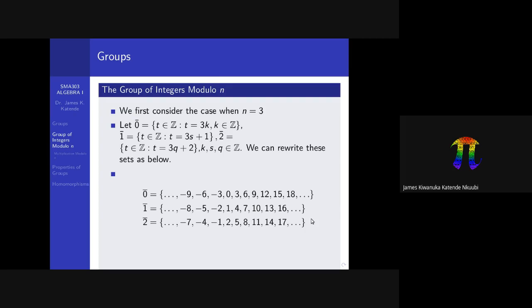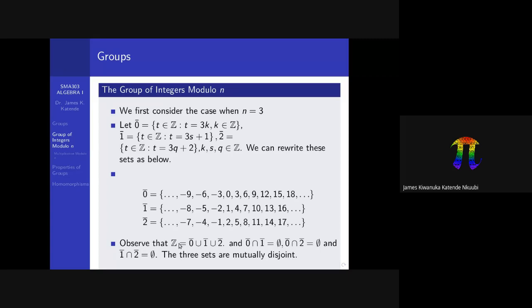Okay, so let's move to the next part. I think this statement here just says what I've said. When you take the union of all the 3 sets, you get the integers, which is Z, and any pair of these sets are disjoint.